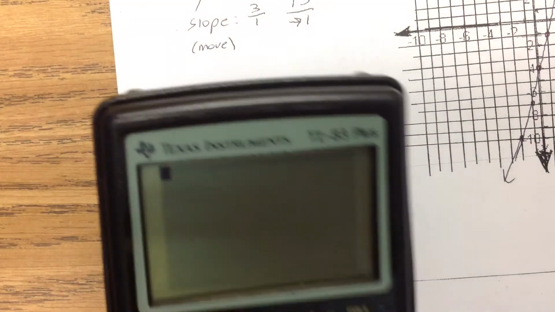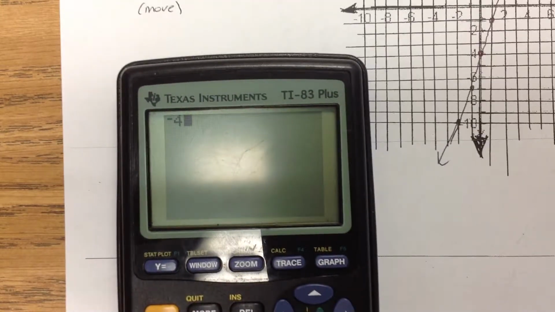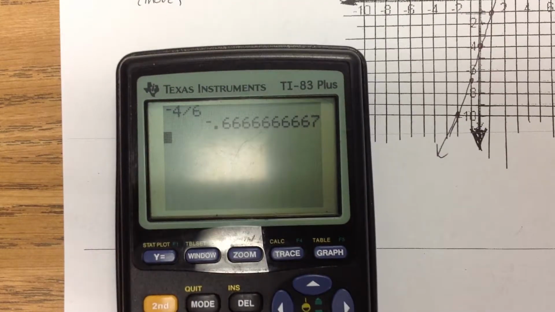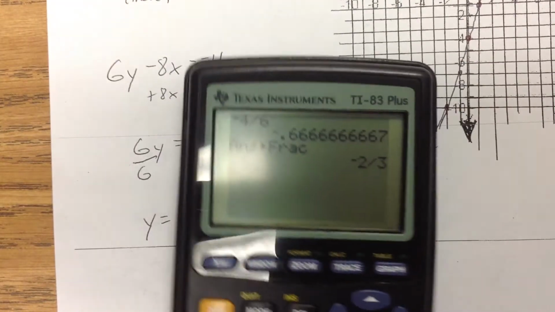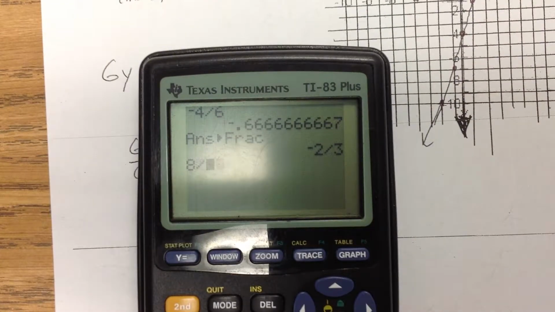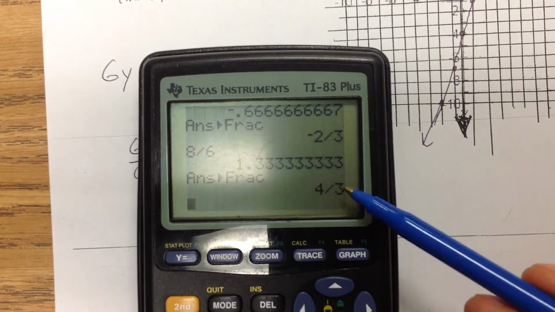So negative 4 divided by 6, if I math frac that, is negative 2/3, and then the same thing happens if I do 8 divided by 6. If I math frac that, it is going to be 4/3. So both of these are giving me fractions.